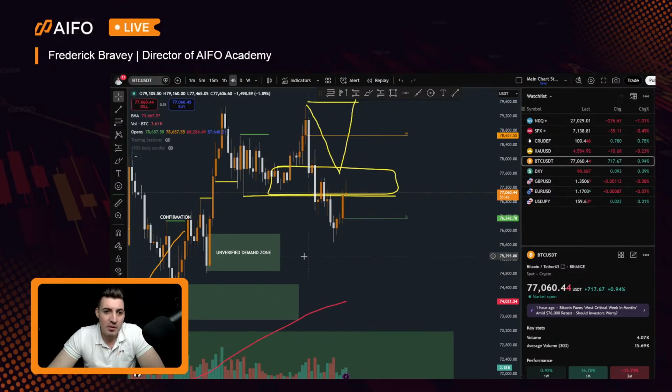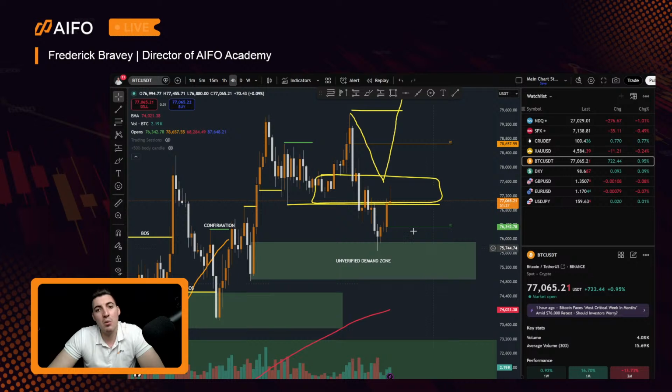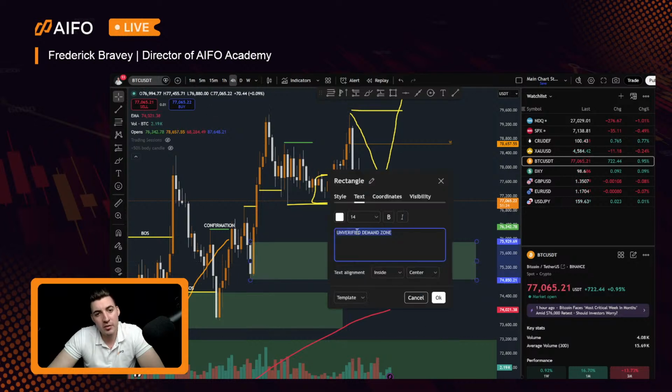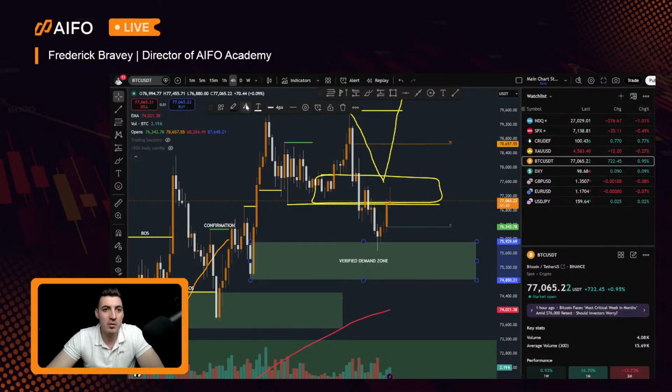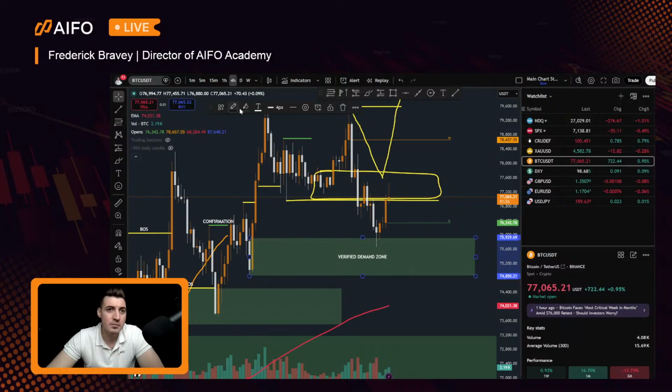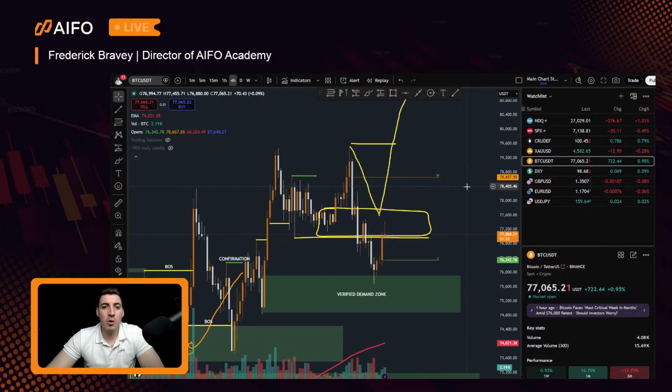Okay, BTC, fantastic. It seems as though on one of my early morning breakdowns, we identified this as unverified. It's now verified. It's a verified demand zone. Let me just change the color. I don't know why I've made it so dark. Wonderful.